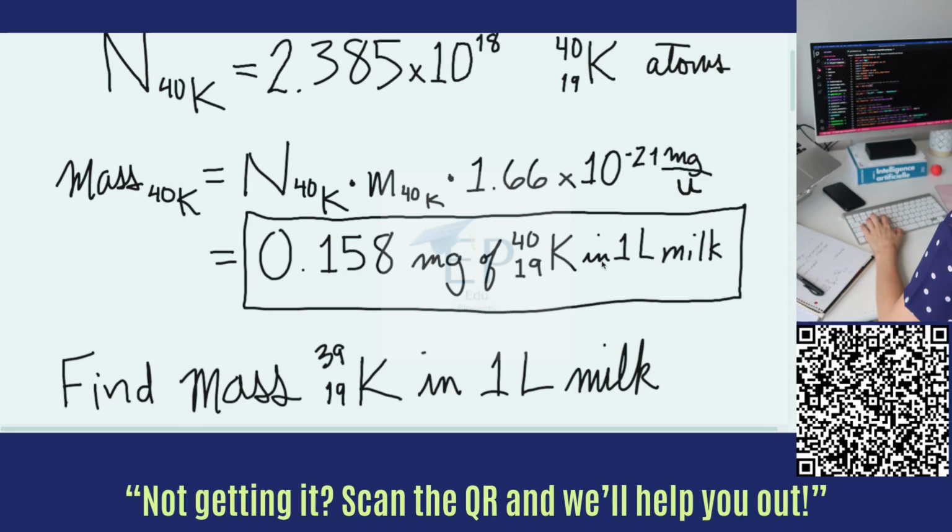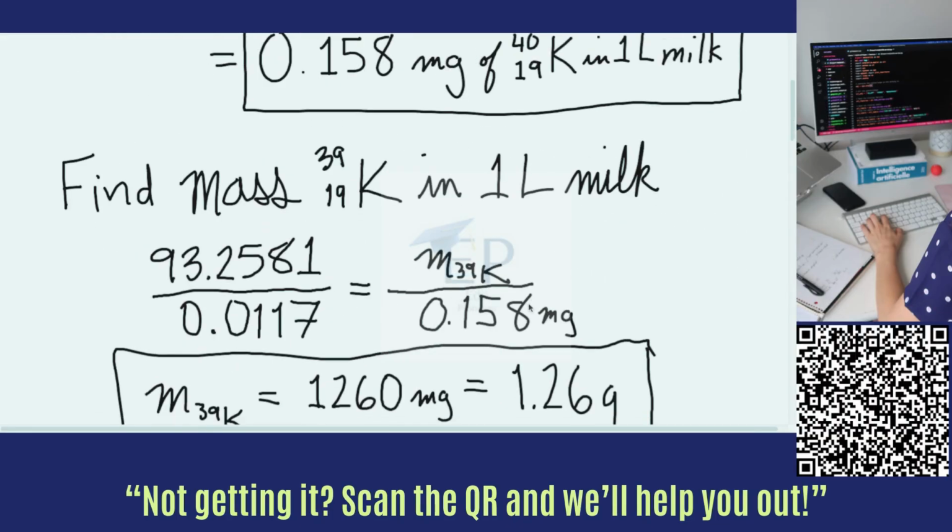This problem can be solved by finding the relative abundances of each isotope of potassium in Appendix B. And with those relative abundances, we can set up a proportion to determine the proportional amount of potassium-39 given this 0.16 milligrams of potassium-40 is in the milk as well.